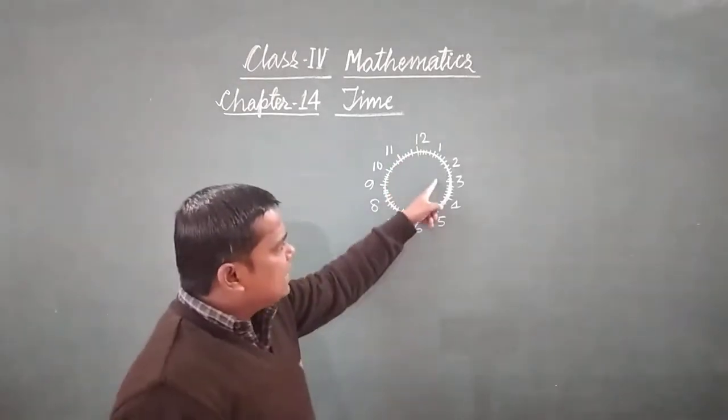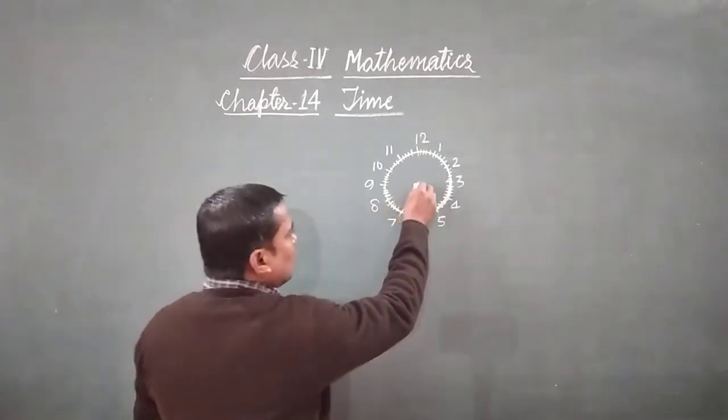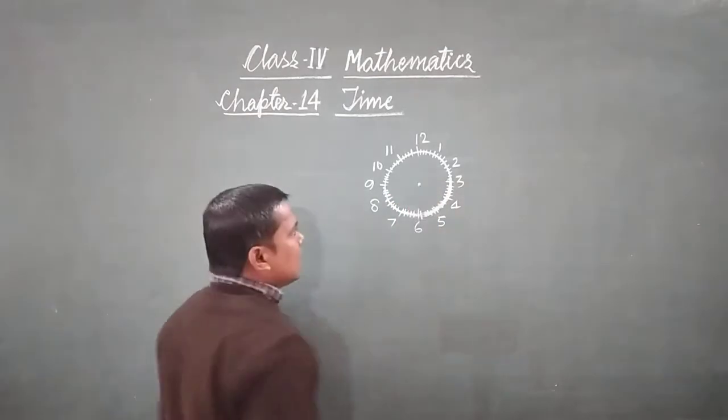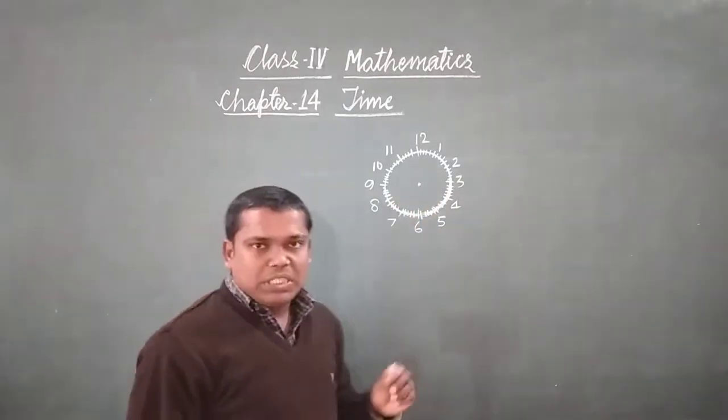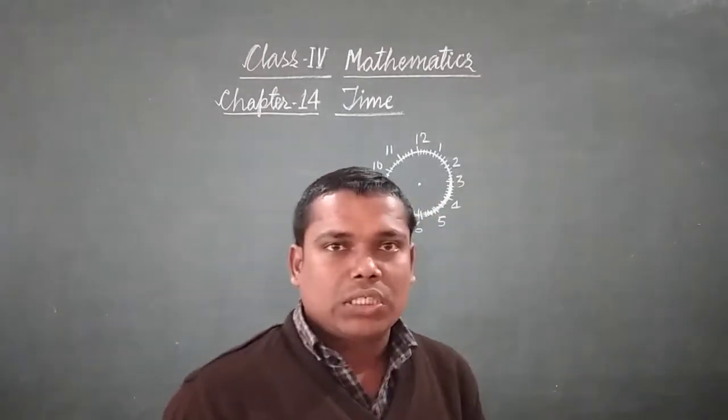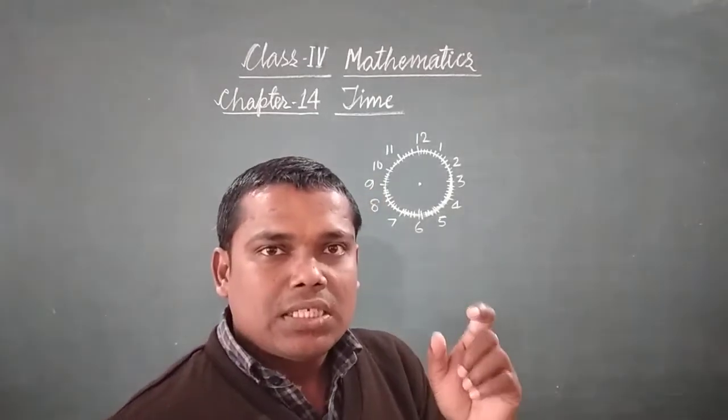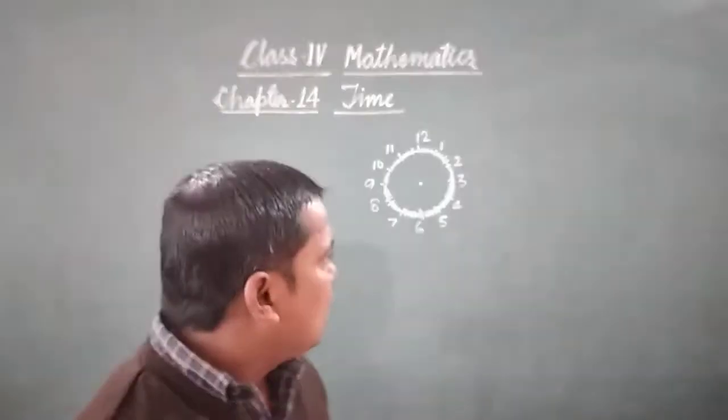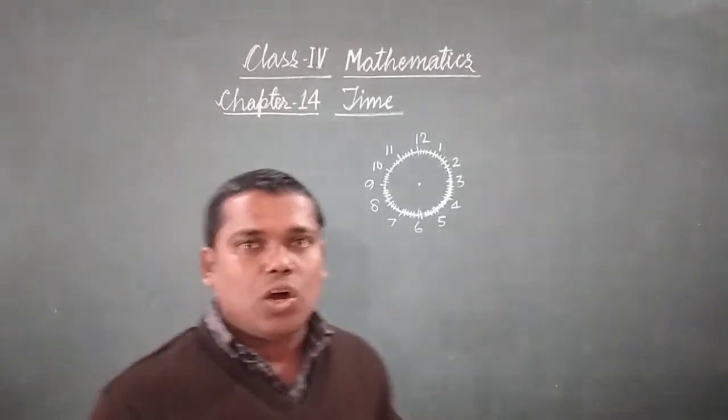These small divisions are shown on the clock. The total number of these small divisions on the clock is 60. We have the hands of the clock.